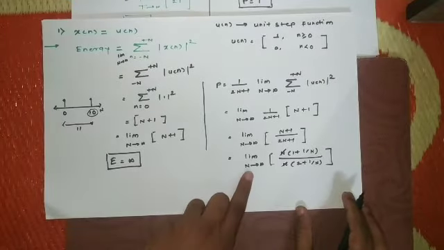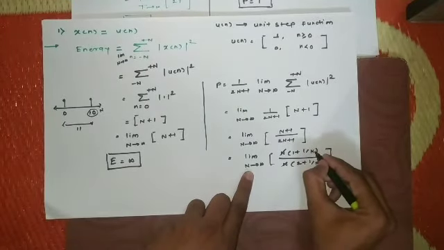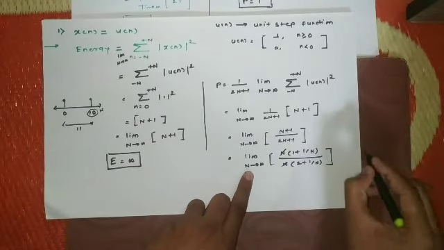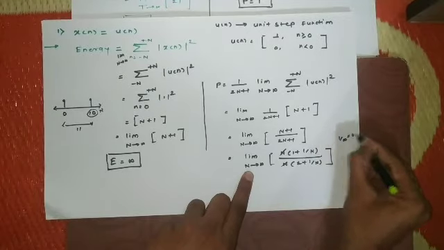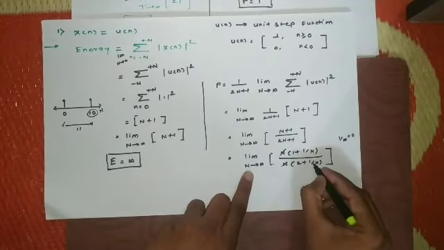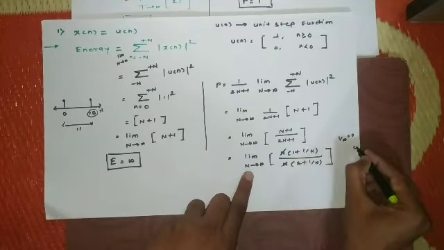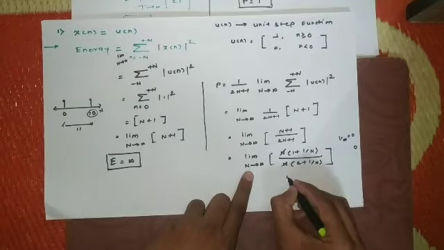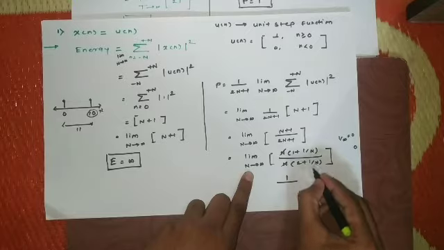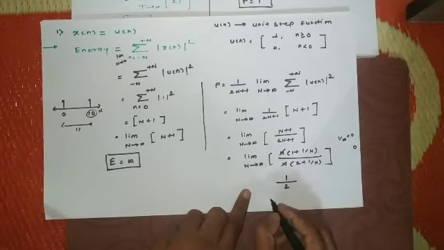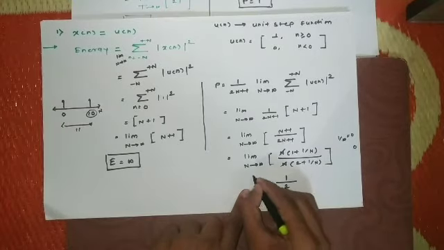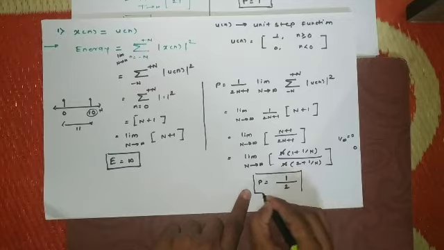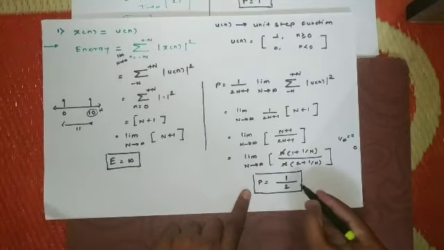Now we'll put in the limit n tends to infinity: 1 upon infinity, anything divided by infinity is 0. Similarly here 1 upon infinity is 0. So 1 plus 0 gives 1, and 2 plus 0 gives 2. That means the power of this particular signal is 1 by 2, which is finite.